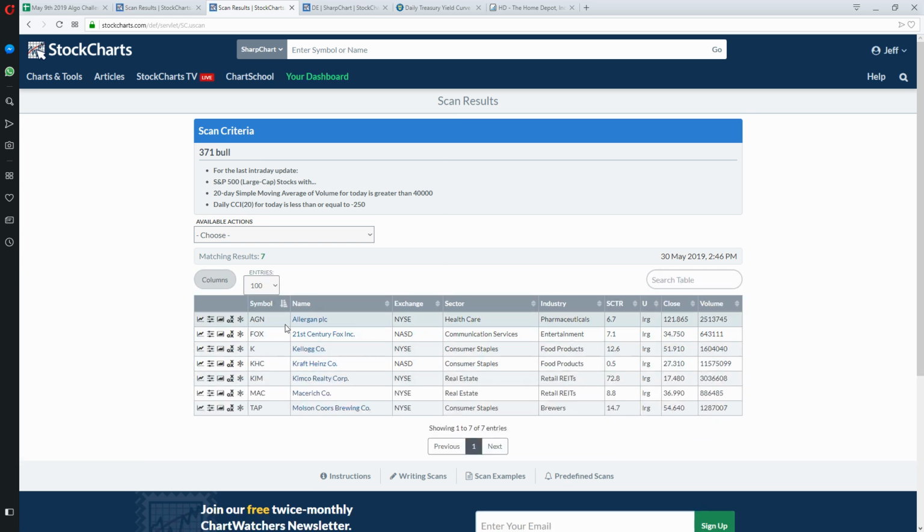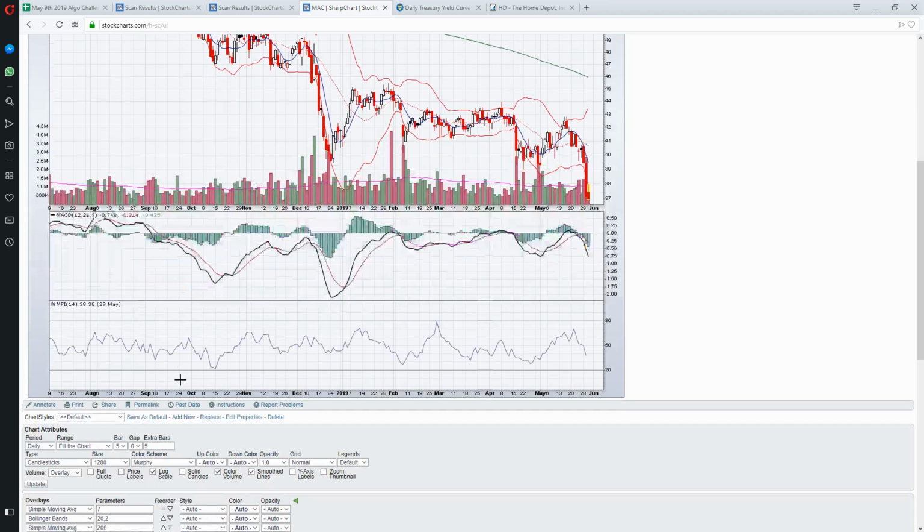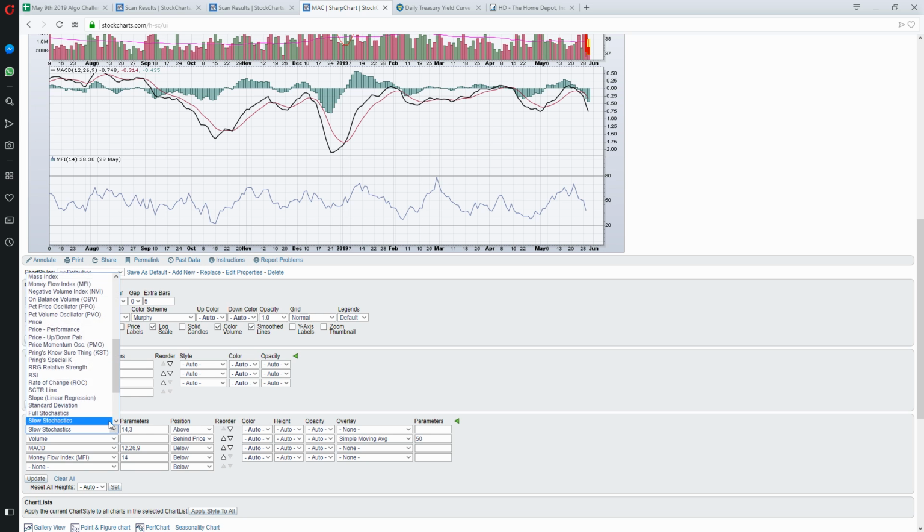Allergan, caught up in the whole opioid pharma thing. Fox, Kellogg's, Kraft Heinz, Kimco, Macerich, TAP. Macerich CEO stepped in and bought some shares too. But these are stocks that have the CCI below minus 250. Let me show you what it looks like here.